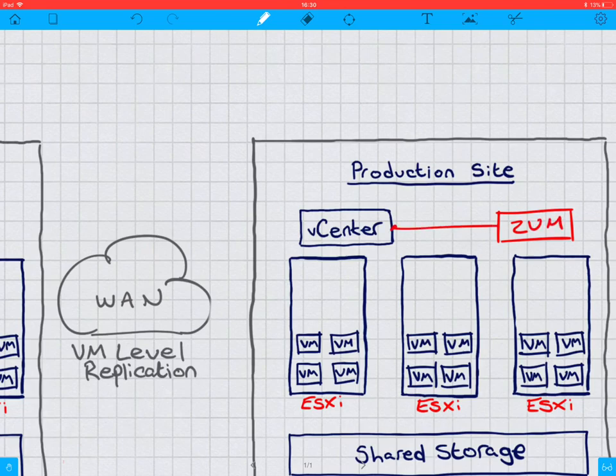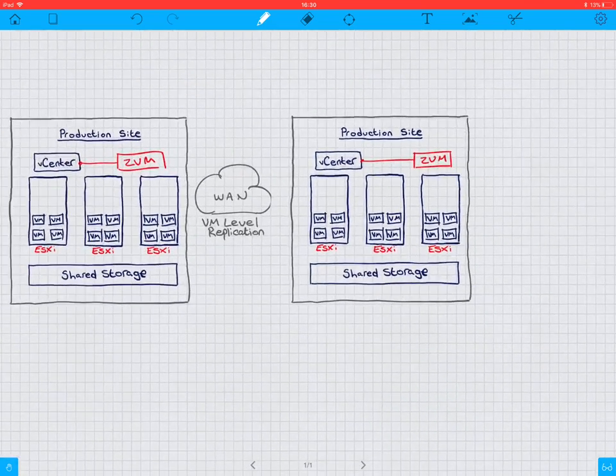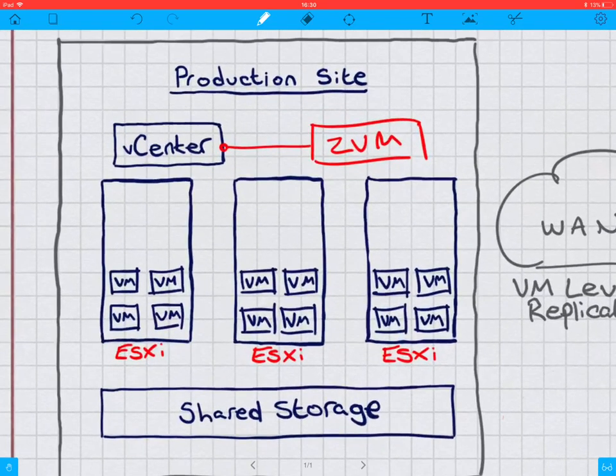Now, once that's installed, you're able to very quickly, very easily then roll out the other component that is then required, which are the replication appliances, or VRA, so virtual replication appliances. Now, the requirement here is to have one of these on each of your virtualization hosts. So we deploy that from the ZVM onto each of our hosts in the underlying infrastructure.